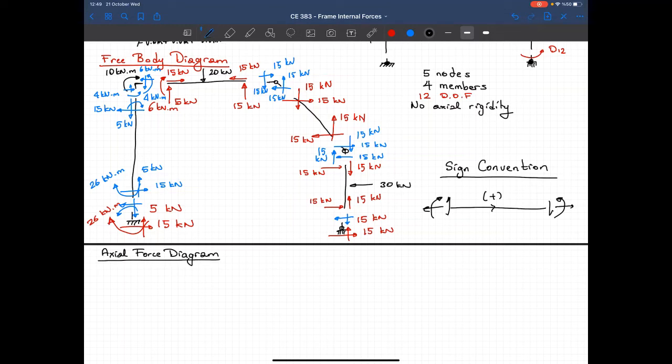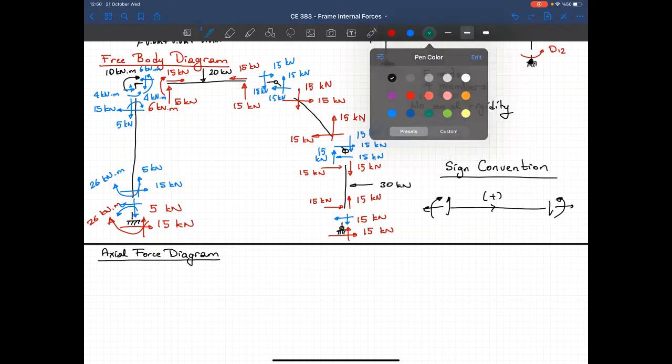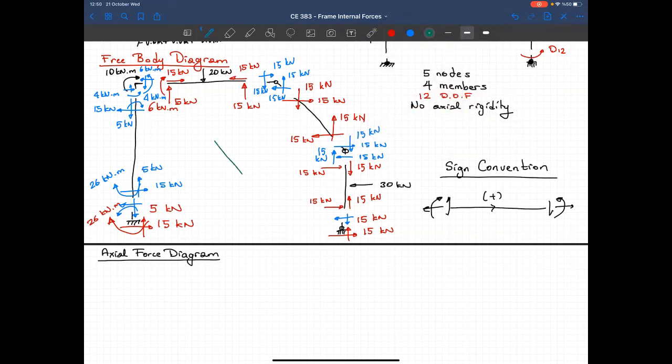Now here I have an inclined member, right? But these forces are not along the element axis or orthogonal to the element axis, so they don't really mean much to us. We have to convert them. We have to find their components. Let me draw it in here with a different color. So this is our member.